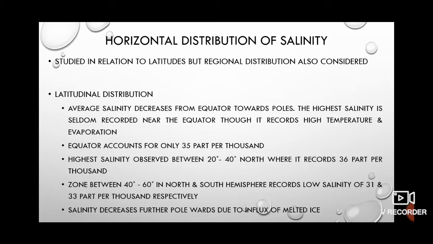The zone between 40 degrees to 60 degrees latitudes in both hemispheres records low salinity, while the northern hemisphere accounts for 31 parts per thousand and the southern hemisphere accounts for 33 parts per thousand of ocean salinity. The salinity further decreases polewards because of the influx of melted water from the glaciers.